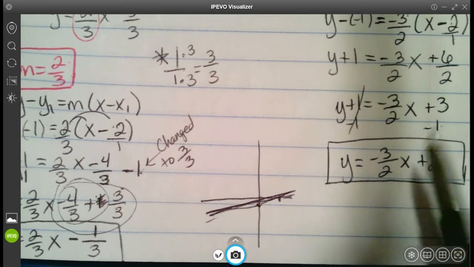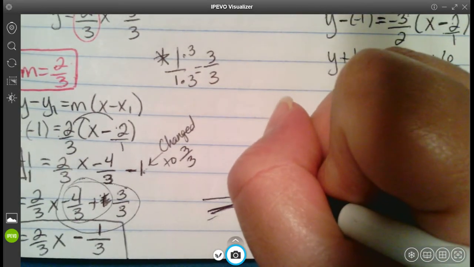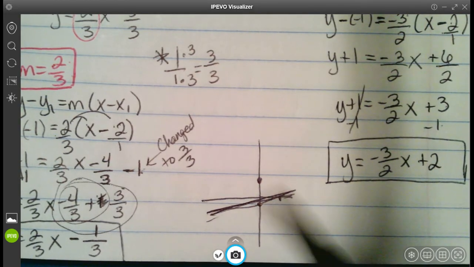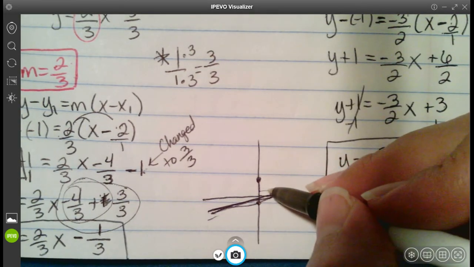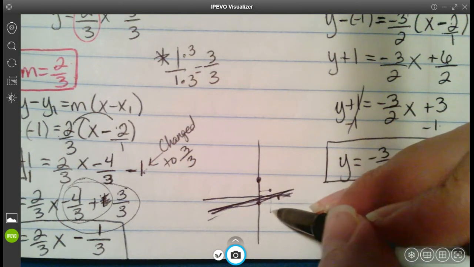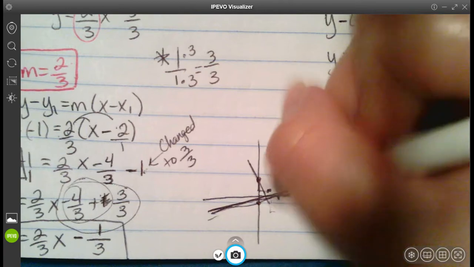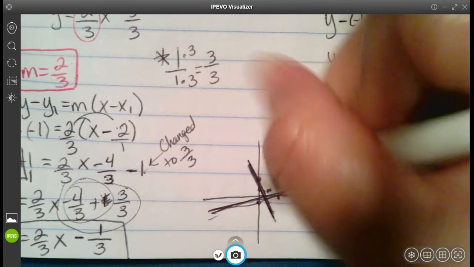This line is starting at 2, so it's up here somewhere. And the slope is -3/2, so it's going down 3/2, so something like that. Actually, probably steeper, probably something like this. Okay.